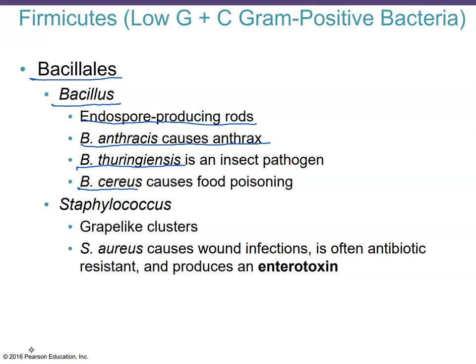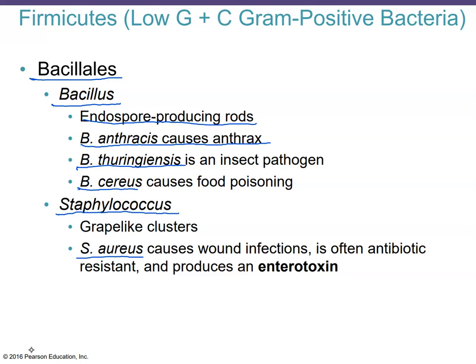So Bacillus cereus, that one has really cool spores for a spore stain. It can also act as a pathogen and cause food poisoning. And then we have Staphylococcus, and this is definitely something you have already heard about. So Staphylococcus, the name describes the arrangement. So we have grape-like clusters of round bacteria, and a bacterium that you have already heard quite a bit about is Staphylococcus aureus.